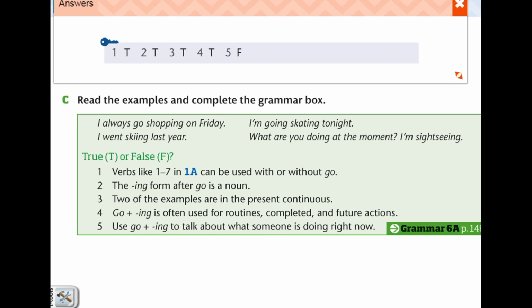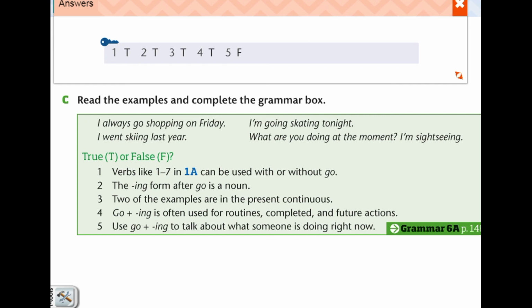I swim and I go swimming. So, number one is true. Number two, the ing form after go is a noun. True. You say go shopping, go skating, alright? Go skiing. So after the verb go, the ing form of the verb becomes a noun.